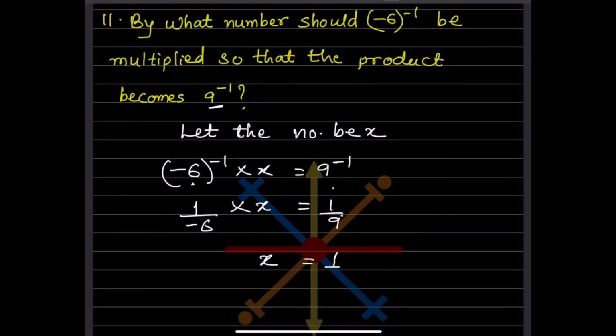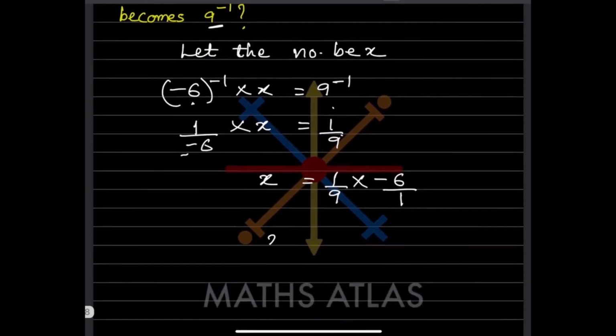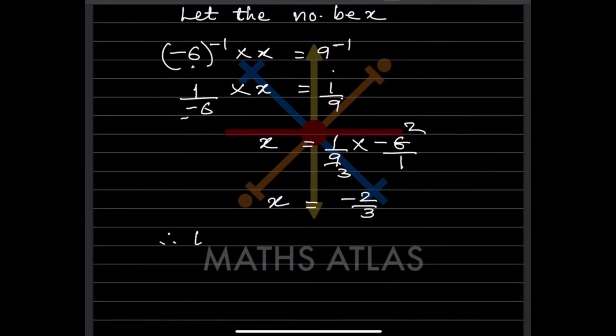So x is going to be 1 by 9 flipped, so that will be minus 6 over 1. When you solve it here, it becomes more clear. x is going to be, 3 twos are 6 and 3 threes are 9, so this is going to be minus 2 by 3. Therefore, because they asked what is the number, we write here the number is minus 2 by 3.